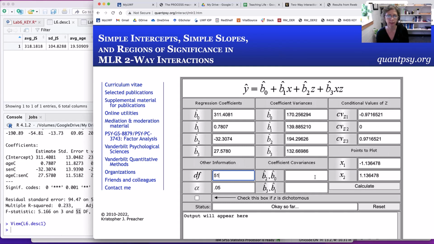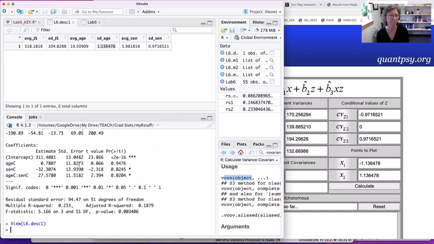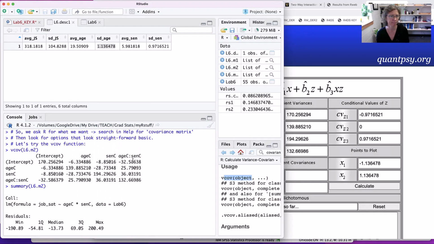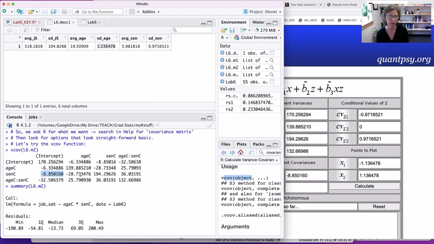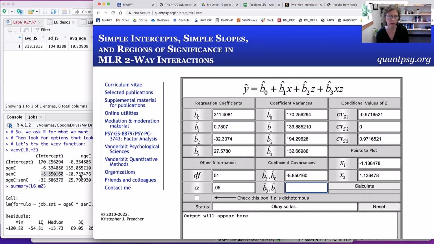And then I need my covariances. So this is seniority and the intercept right here. Intercept and seniority. And I want the interaction term, B3. It's the interaction coefficient and the age coefficient.